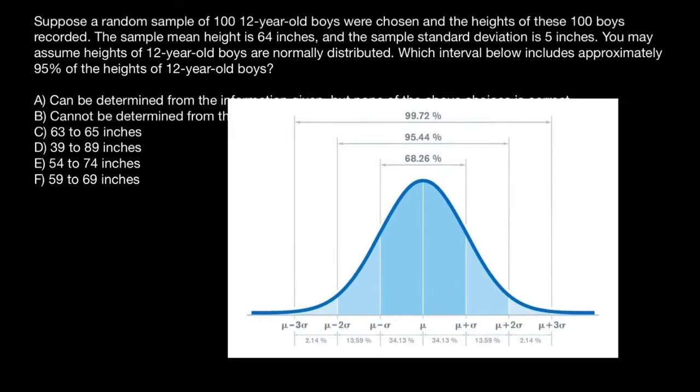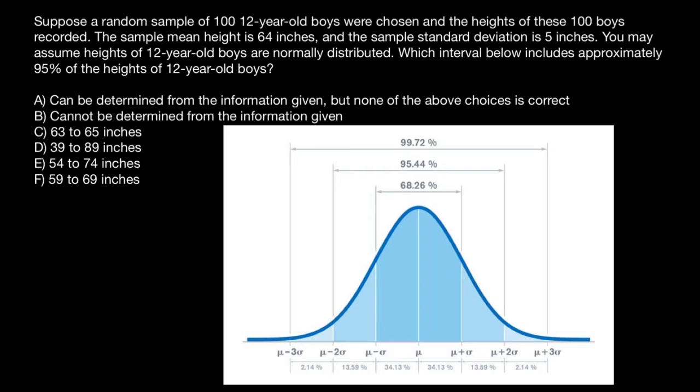Now I want you to take a look at this graph, which shows standard deviations. Standard deviation is a useful way to represent statistical information, how dispersed your data is when you have normally distributed data in the form of the bell curve.